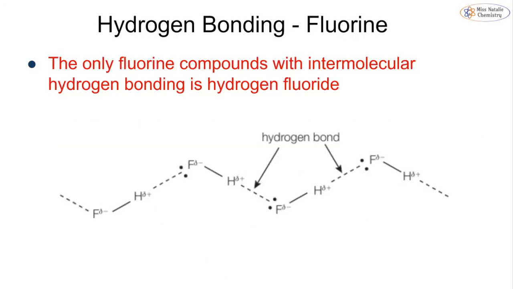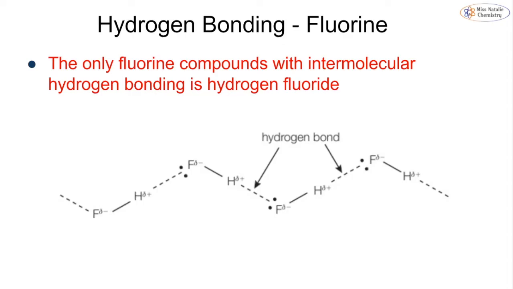Now, the only fluorine compound that has hydrogen bonds as intermolecular forces is hydrogen fluoride. Any other substance isn't going to have the hydrogen bond because fluorine has 7 outer electrons and hydrogen has 1. So as soon as they bond together, they have completed the octet rule, so they don't bond to anything else.